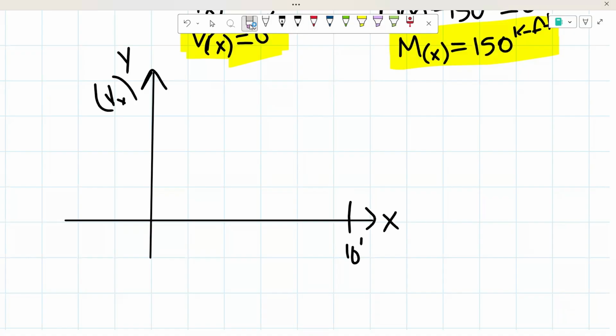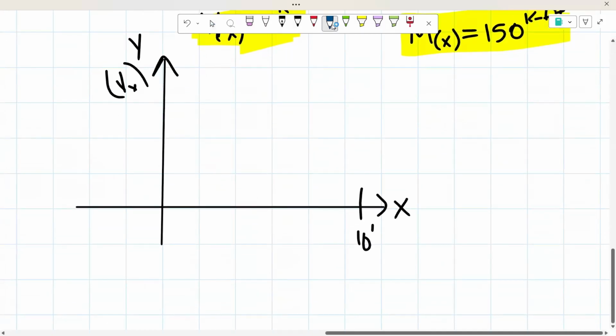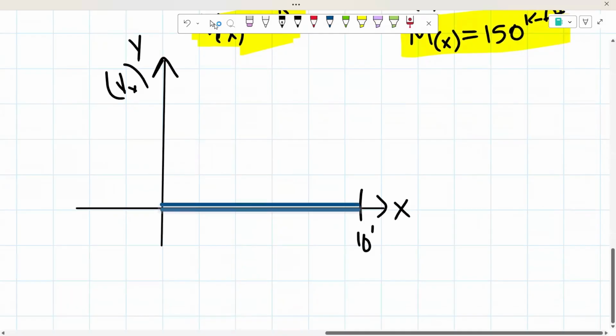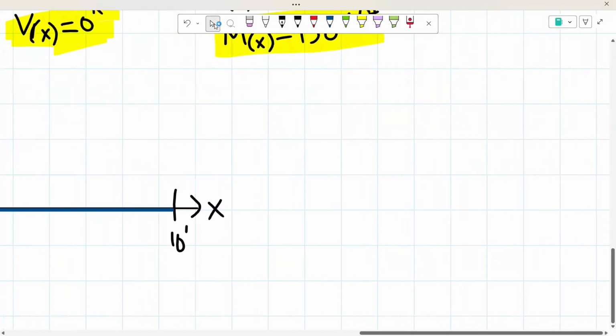And as you could see, our shear is equal to 0. So basically, in a way, our shear diagram can be left like that. You could just draw a straight line on the x-axis, because remember, our shear is constant throughout the whole beam. It equals 0. So that's what your shear diagram is going to look like.